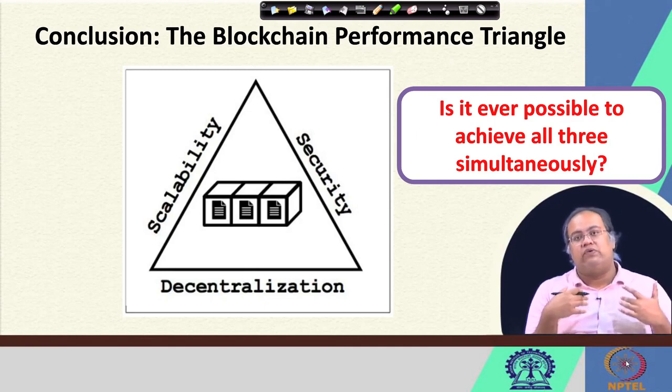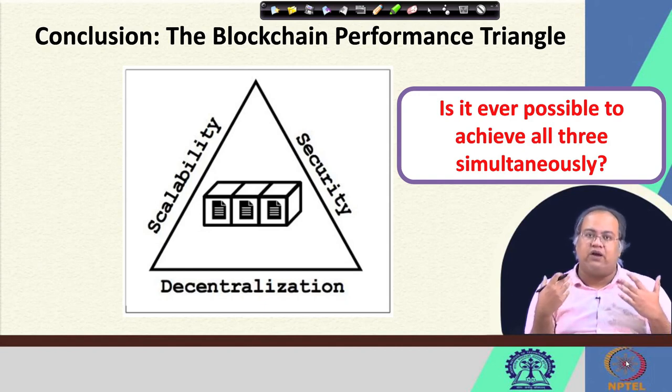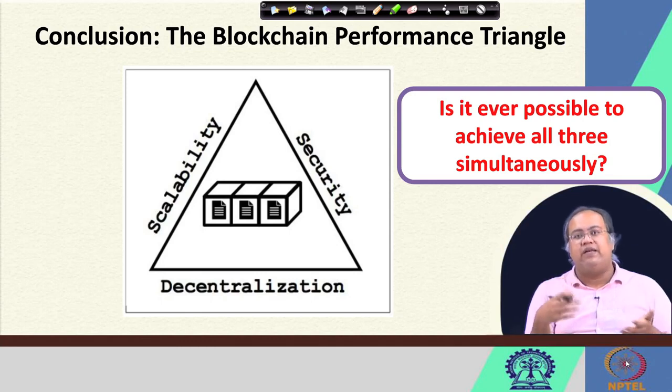If I am going to have complete decentralization, I have to compromise with security. If I focus on scalability, then I have to compromise with decentralization. If I focus on decentralization and complete scalability, I might have to compromise with security. So, these kinds of trade offs are there.